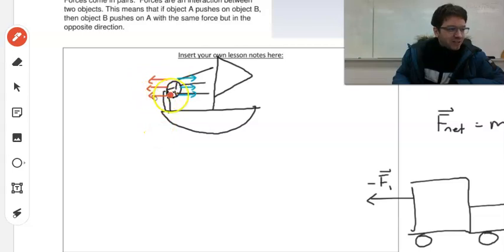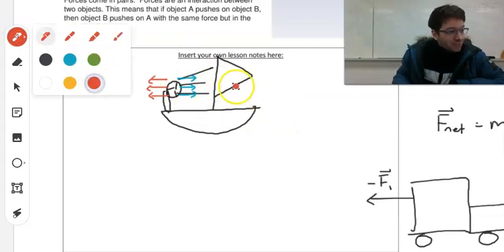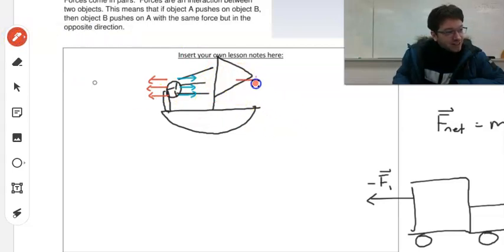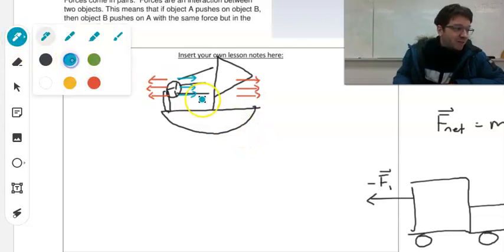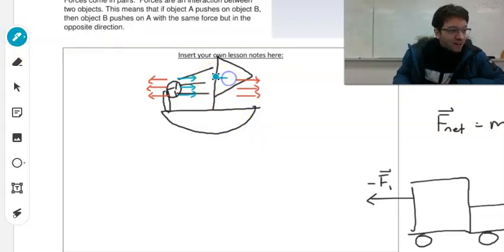The red arrows are going to indicate the forces that are on our boat. Then, that same air that was pushed out by the fan is going to hit the sail and put a force in this direction on the sail, equal to that it just received. And then, of course, the sail will then put a force back on the wind, causing the wind to come to all but a stop.